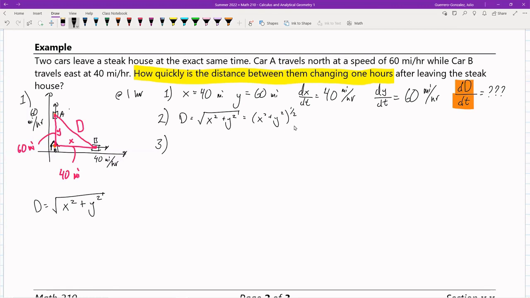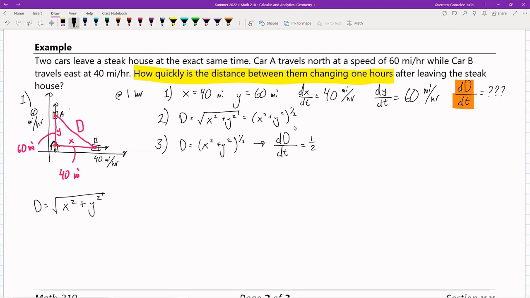So I'm going to start off. I know that D is equal to (x squared plus y squared) to the 1/2. So if I take the derivative of both sides, this is going to be dD/dt is equal to, I need the derivative of something to the 1/2.